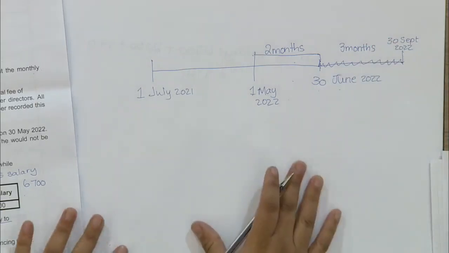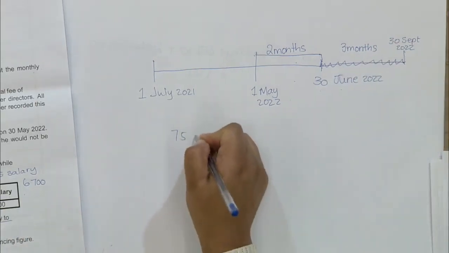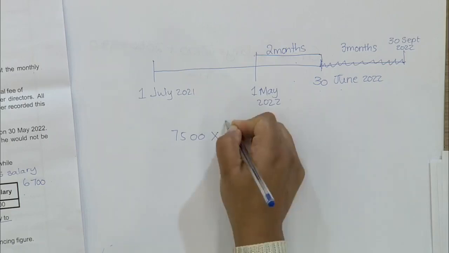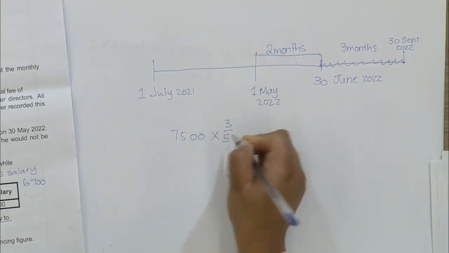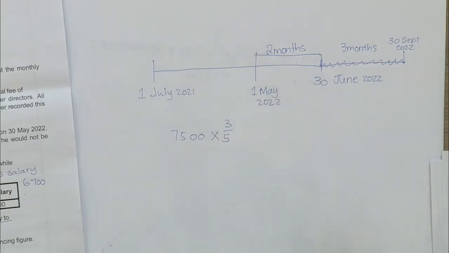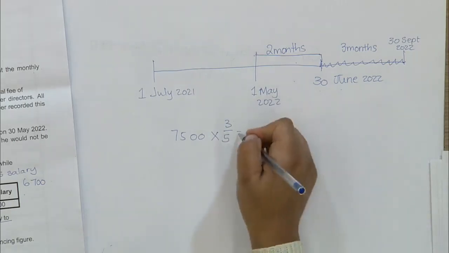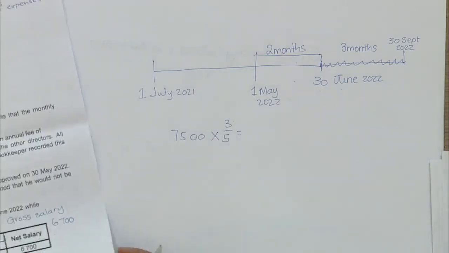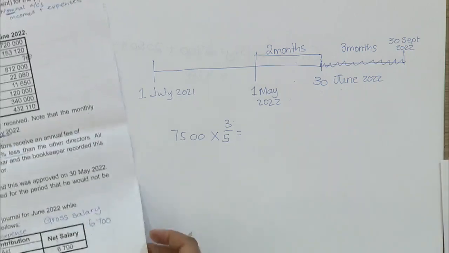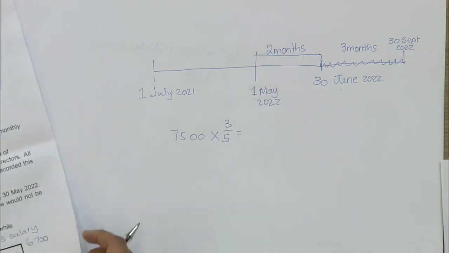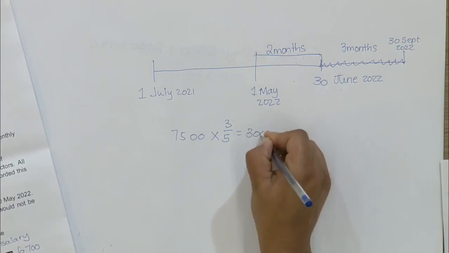So what are we going to do? We're going to say 7,500 times 3 over 5. What we want is 3 months. What do we have? We have 5 months. And that 7,500 times 3 over 5 is equal to 3,000 Rand.